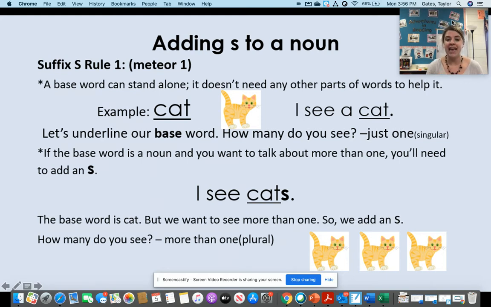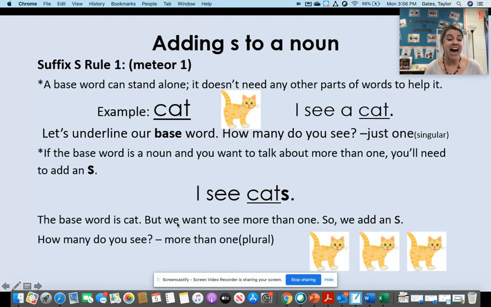I see a cat. How many do we see? We see just one, and we're going to use a fancy second grade word. Are you ready? We call that a singular noun, which means it only is one. We see a cat, or one. Now, if a base word is a noun and you want to talk about more than one of those, you'll need to add an S. So let's look at this second sentence right here.